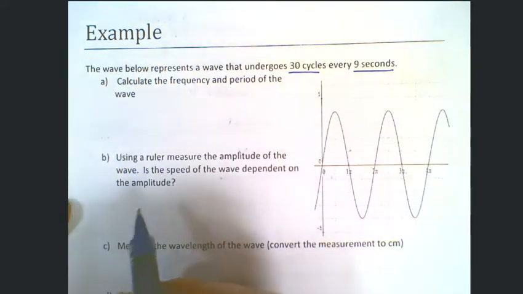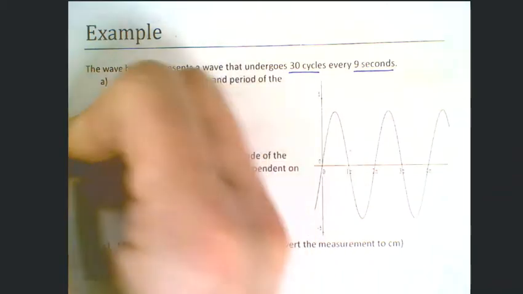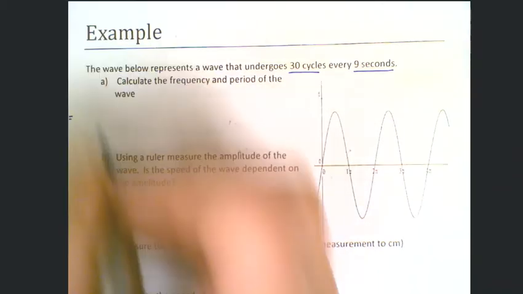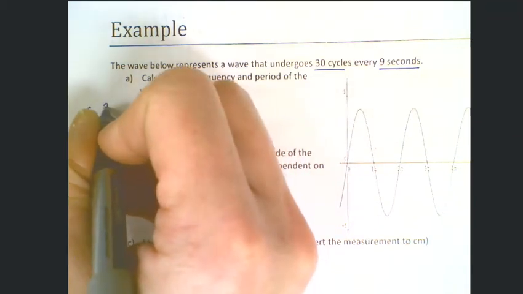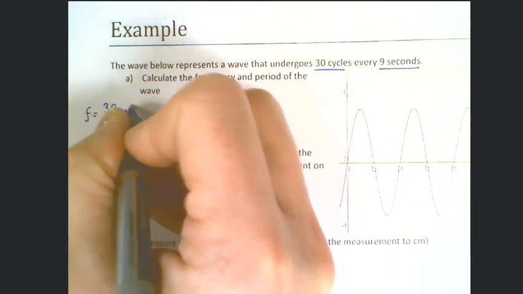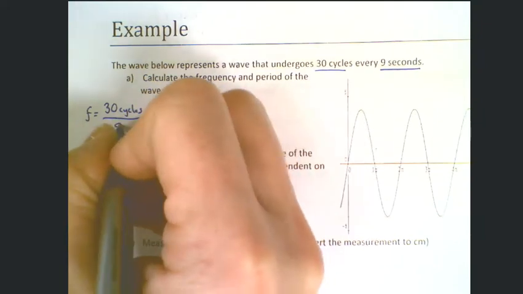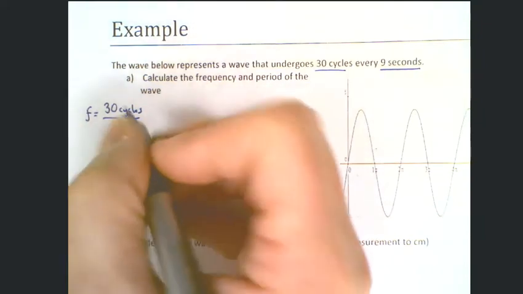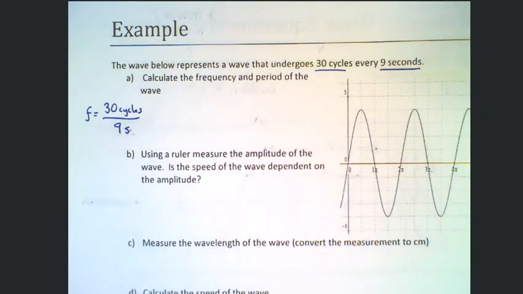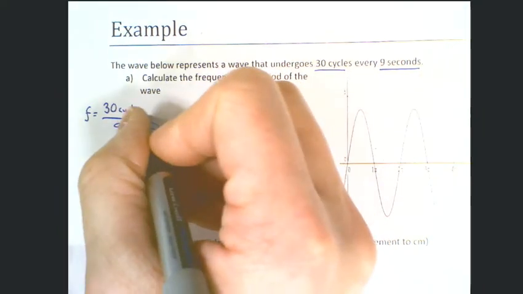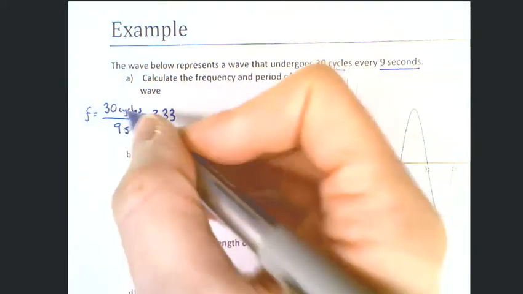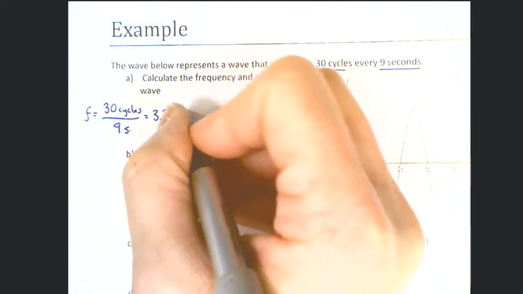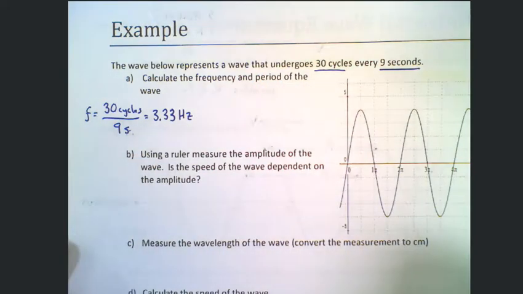So what we're going to do is say the frequency is cycles over time. So we have 30 cycles over 9 seconds. 30 divided by 9 is 3.33 cycles per second, which is a hertz.